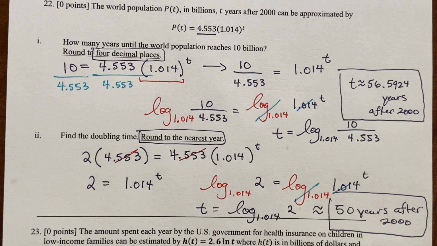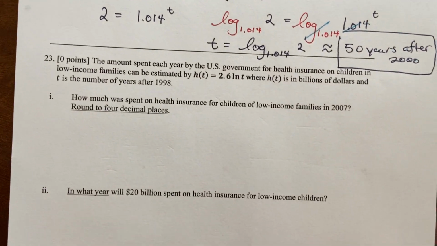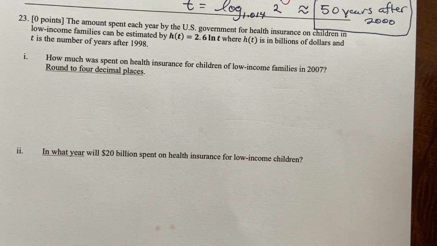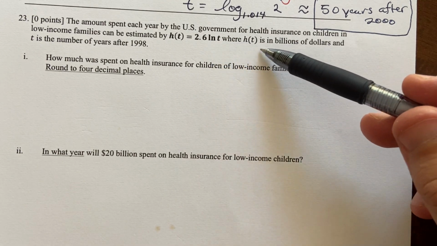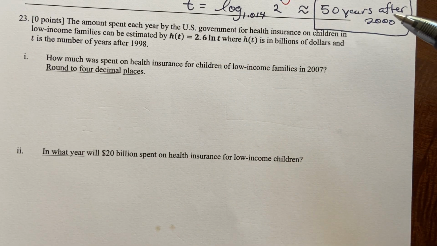Okay, one more. So 23, it says the amount spent each year by the U.S. government for health insurance on children in low-income families can be estimated by this function. This is a logarithmic function, by the way, where h of t is in billions of dollars and t is the number of years since or after 1998.